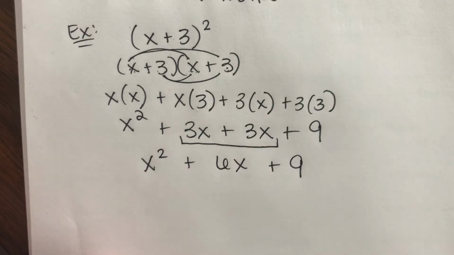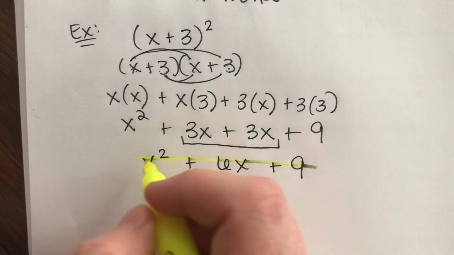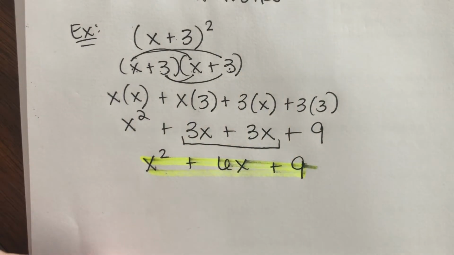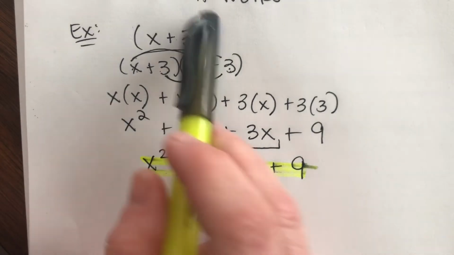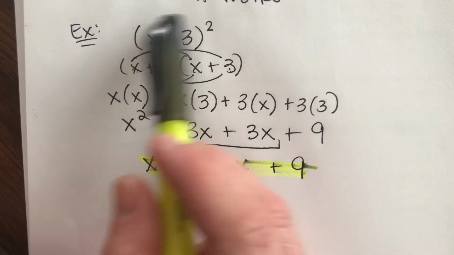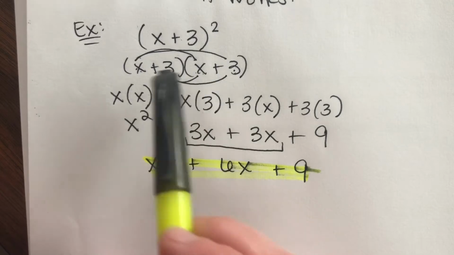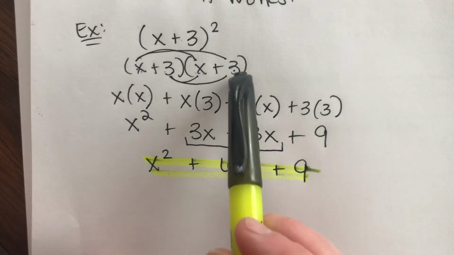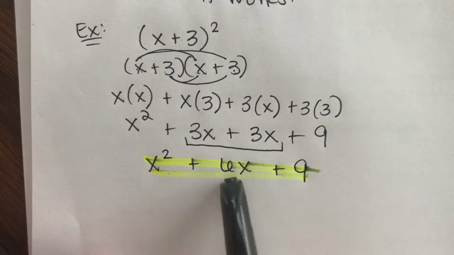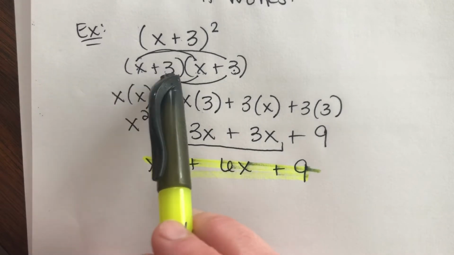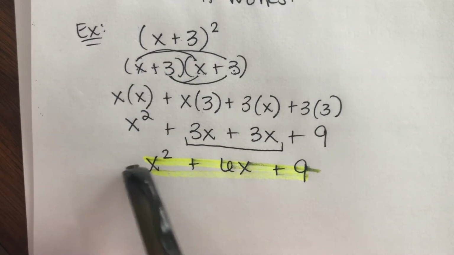Okay, so this is my answer after I multiply out a binomial that looks like this times itself, right? So the first term squared, the second term squared, and the middle is just the first times the second times 2. That's it, right? That's how we got this.